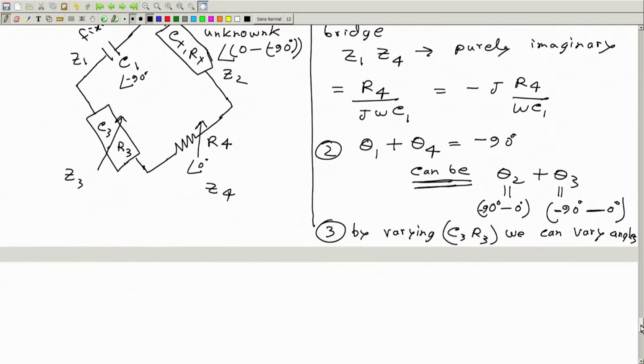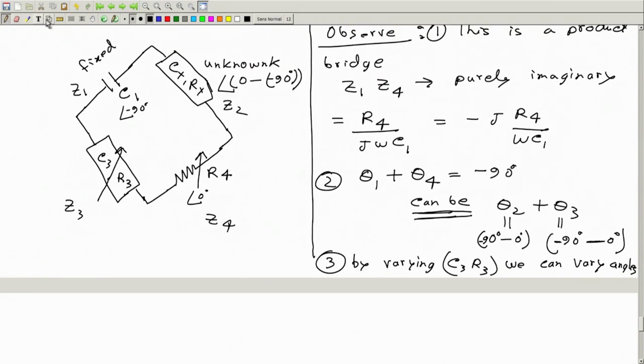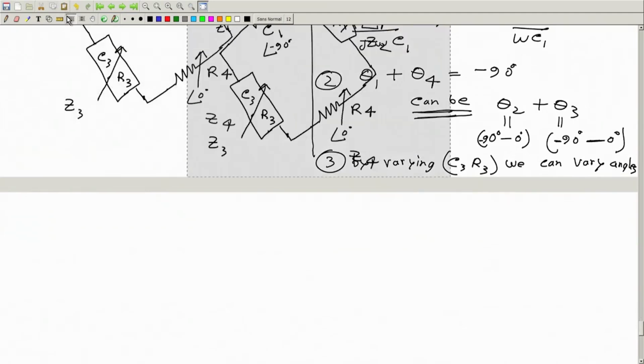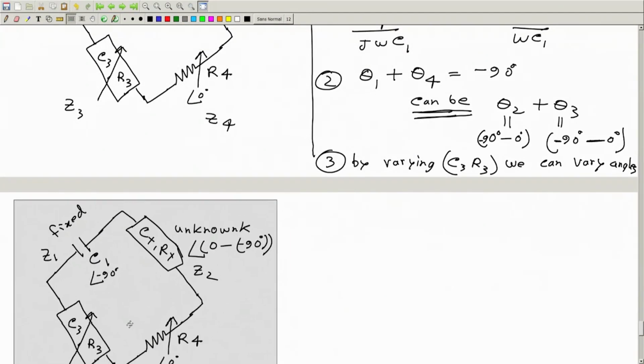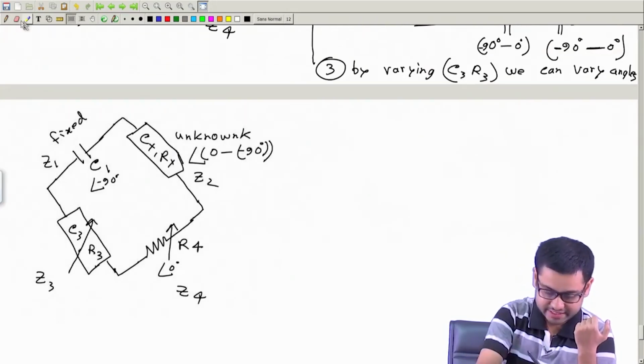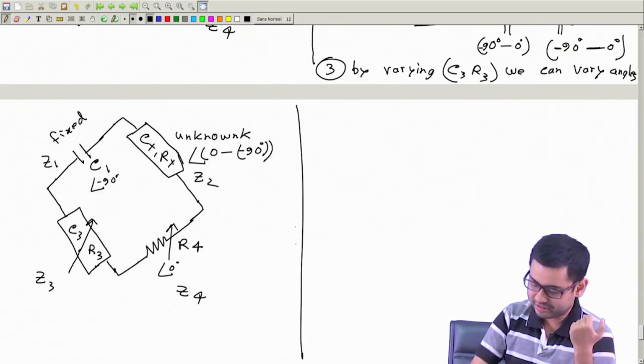Now, let me finally finish this by finding the balance equation. Now, let us once again, this will be very simple.